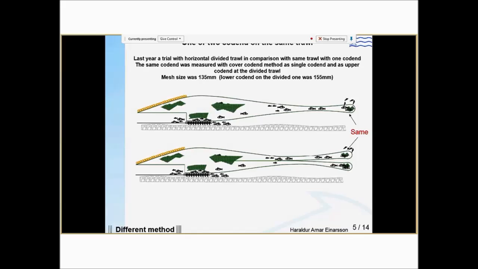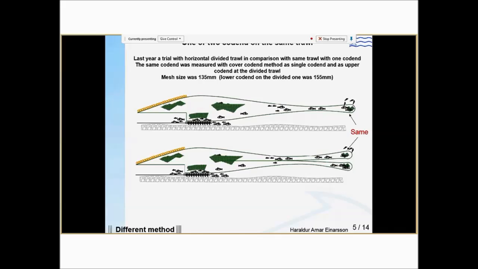And we were doing a trial here with separating the trawl with a horizontal panel. What we are playing with was trying to get the haddock going into the upper codend and the cod into the lower codend. That is working quite well, actually. No problem with that.